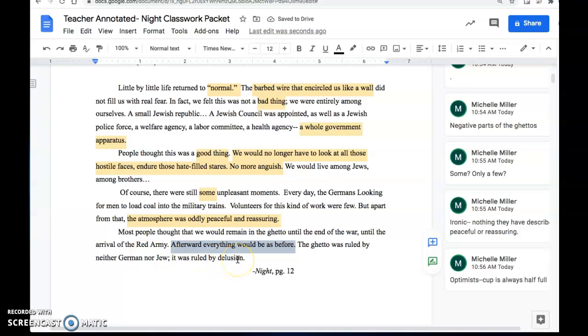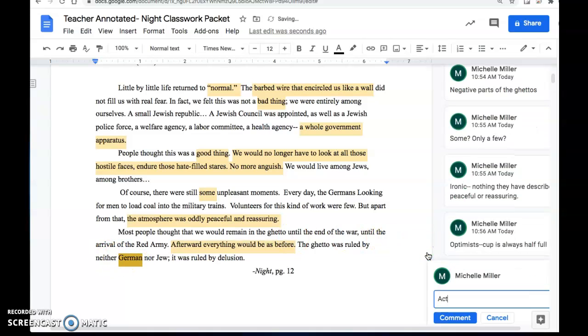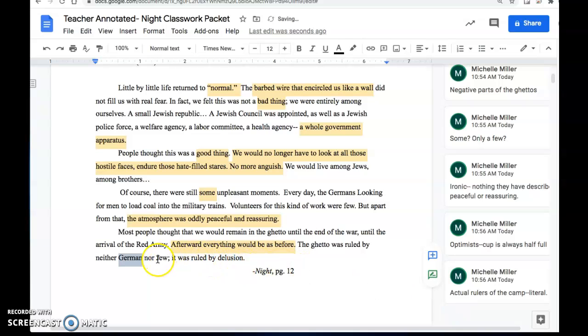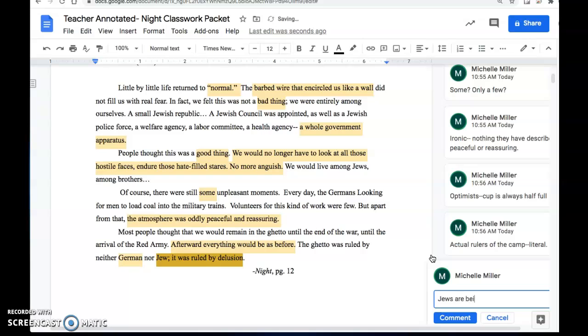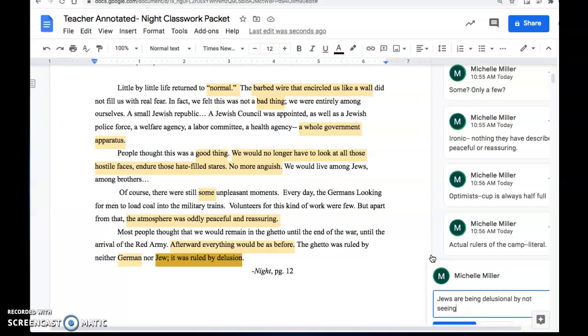It was ruled by delusion. So in class, we noted that the Germans are the actual rulers of the camp. Right? This is quite literal. The Germans came in, they put this camp together. But the Jews are being delusional. Delusional by not seeing the threat.